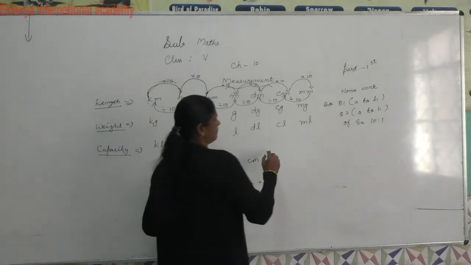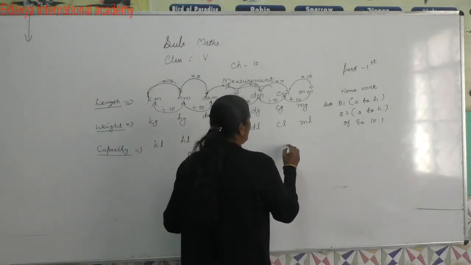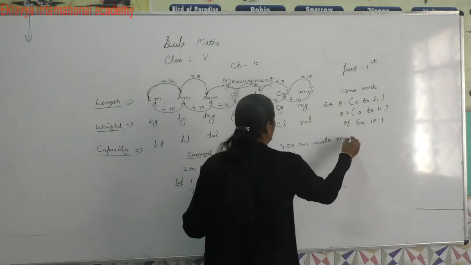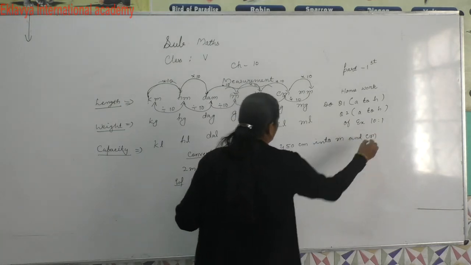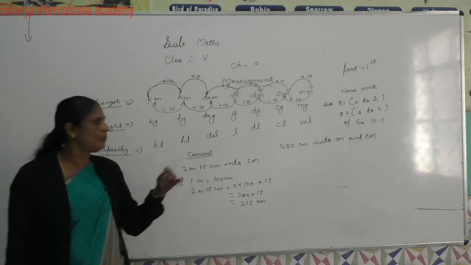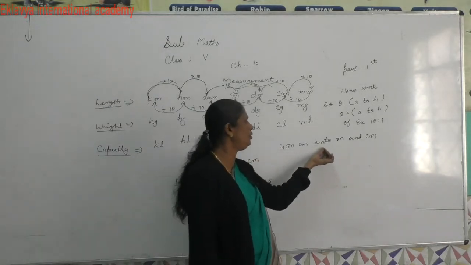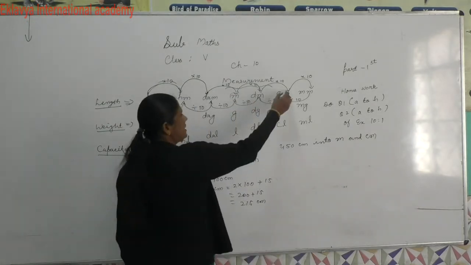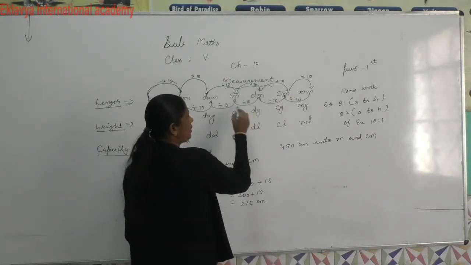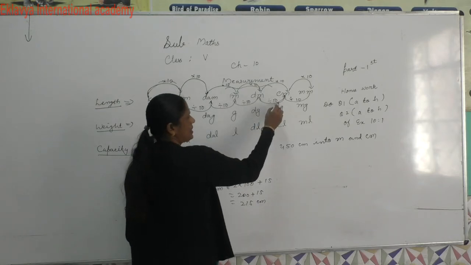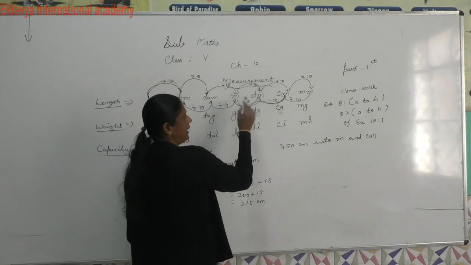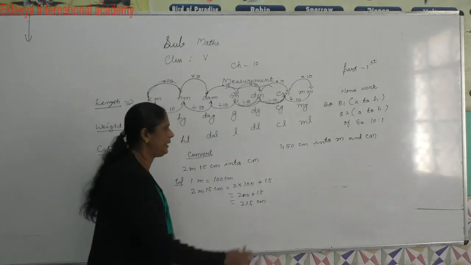Now, 450 centimeter into meter and centimeter. Centimeter into meter, how many steps? 1, 2. Then 10, 100. We divide by 100.